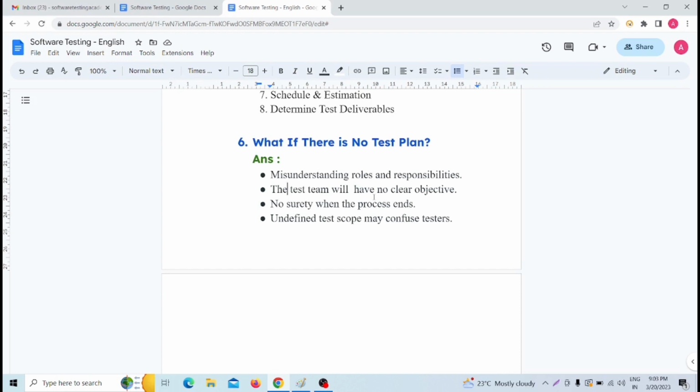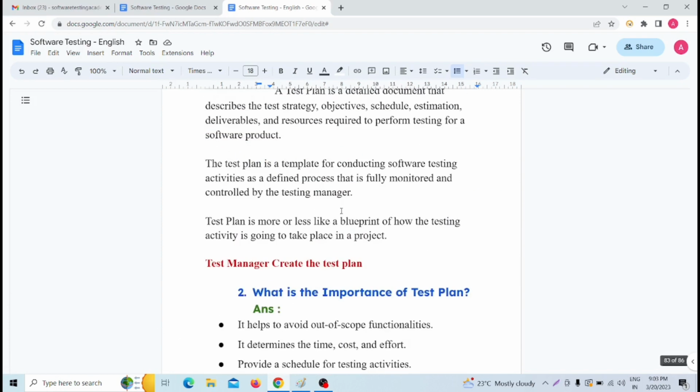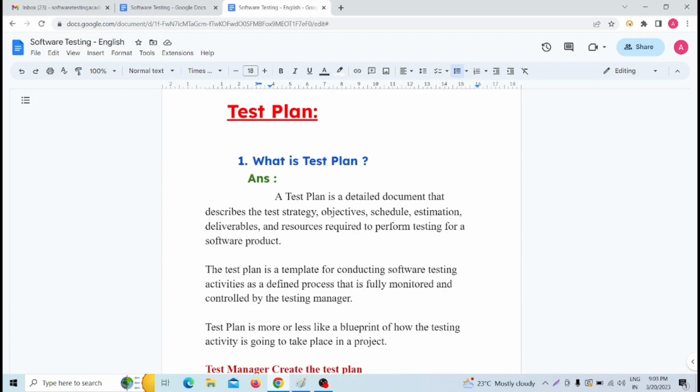Then the third one is no surety when the process ends, because in the test plan we have to document the estimation, how much time it will take. Suppose I am testing one login module, and my estimated time is 4 hours.